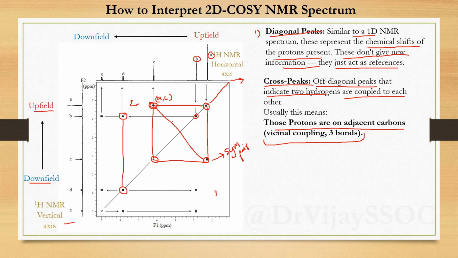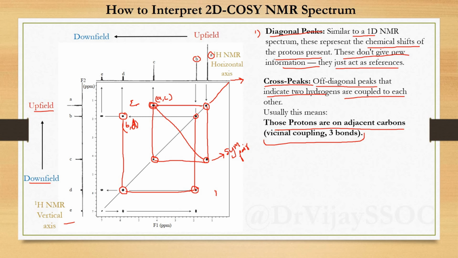So you can say that B is interacting with D. These two protons, B and D, are adjacent to each other, and you can see that across the diagonal there is a peak, and if you connect, you will form another square, and so on. You can interpret this spectrum very easily.